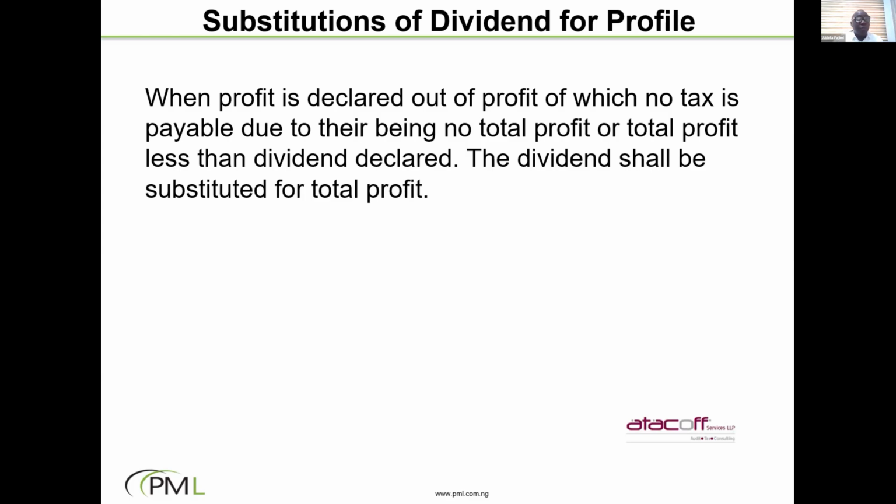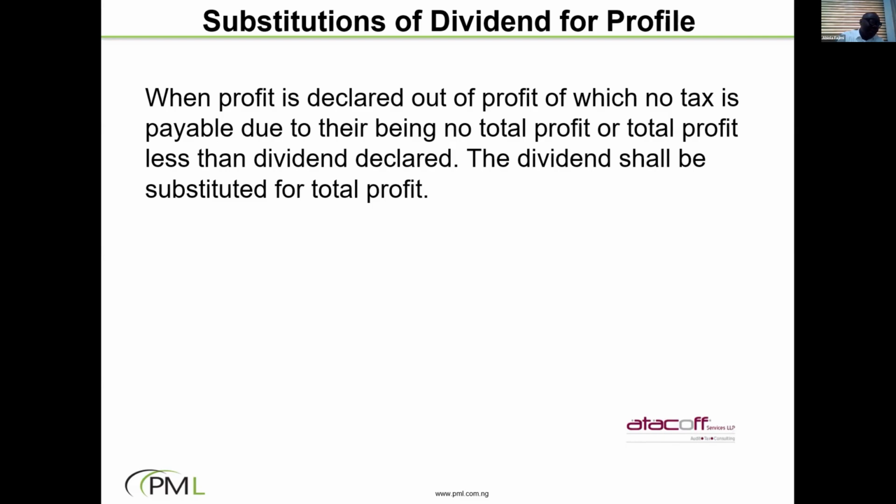And the dividend must be from profit that has not been previously taxed. If the profit has not been previously taxed, how will you manage that? If you look at your retained earnings, since dividend is paid out of it, you need to determine the amount of the retained earnings you have that has been previously subjected to tax.